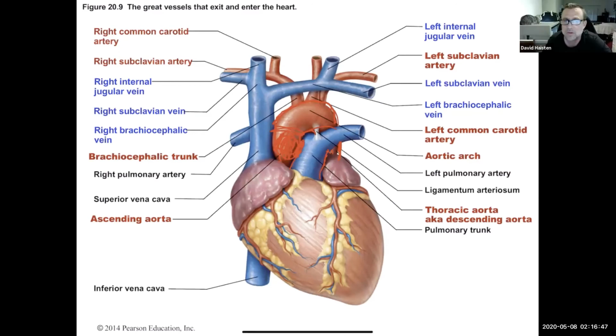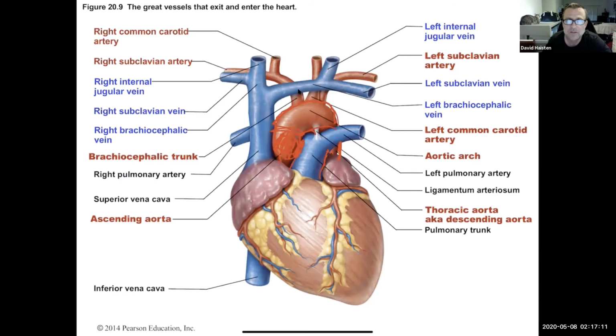Exactly. What's the next branch? Left common carotid. And what's next? What's the third thing to branch off the aortic arch? The subclavian. Yes, left subclavian, yep.